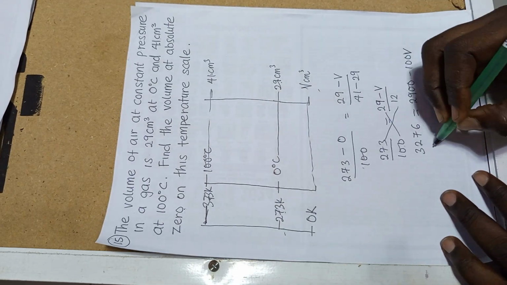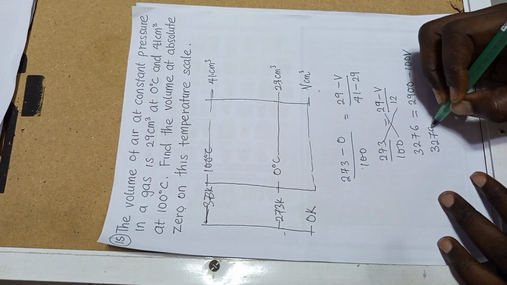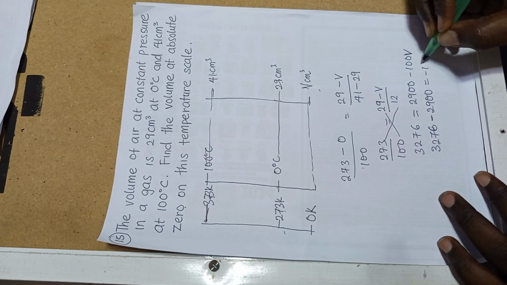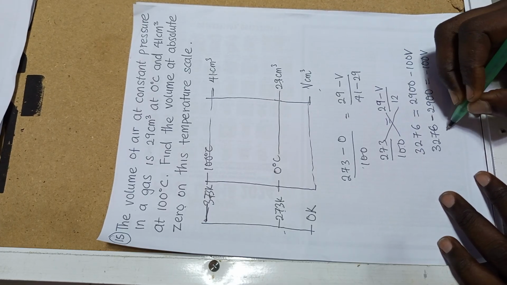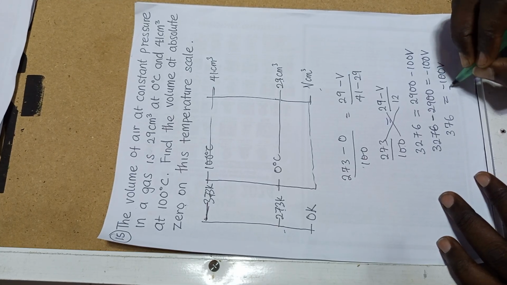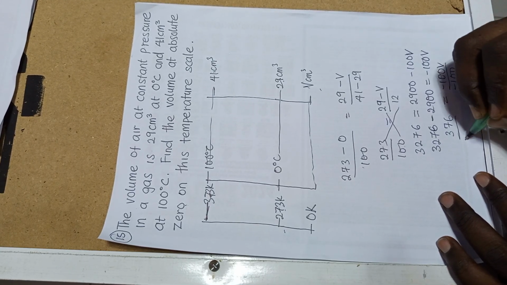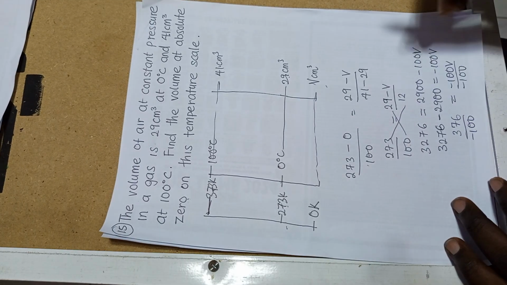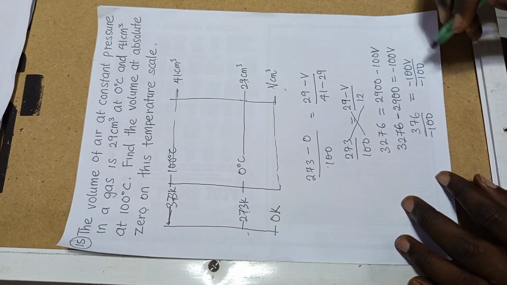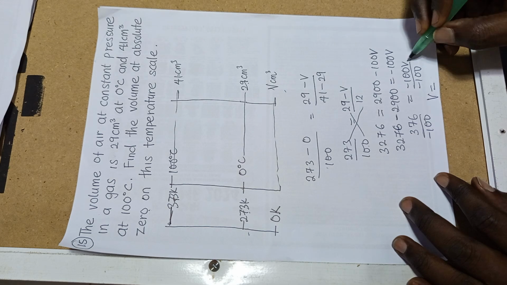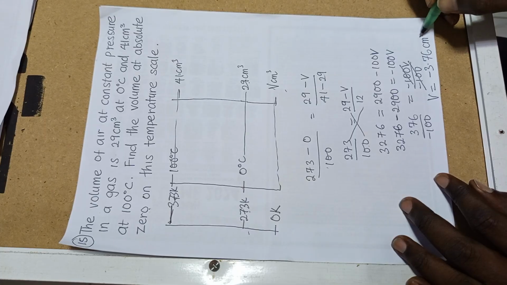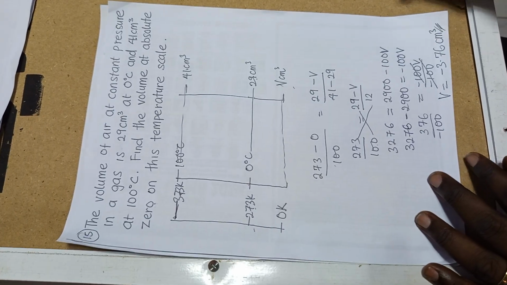Collecting like terms, 3276 minus 2900 equals minus 100V. Subtracting, 376 equals minus 100V. Dividing by minus 100, V becomes minus 3.76 cm³.